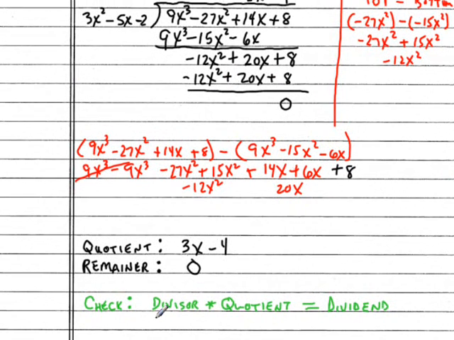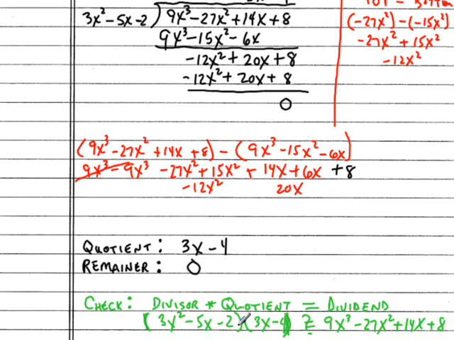Our divisor was 3x squared minus 5x minus 2, and we would multiply it with the quotient, which was 3x minus 4, and we should get the dividend, which is 9x cubed minus 27x squared plus 14x plus 8.